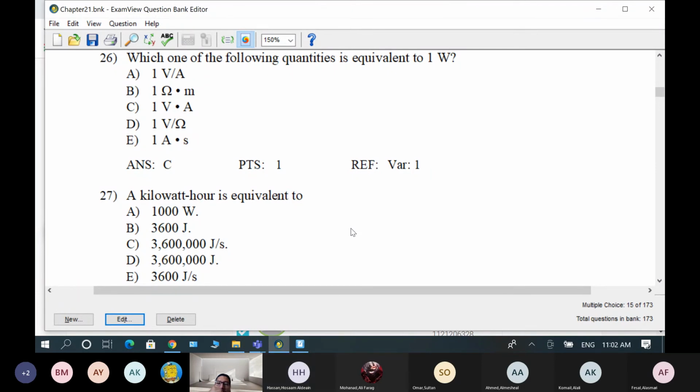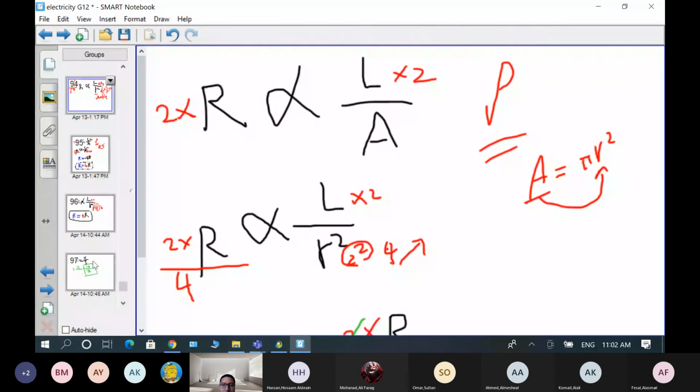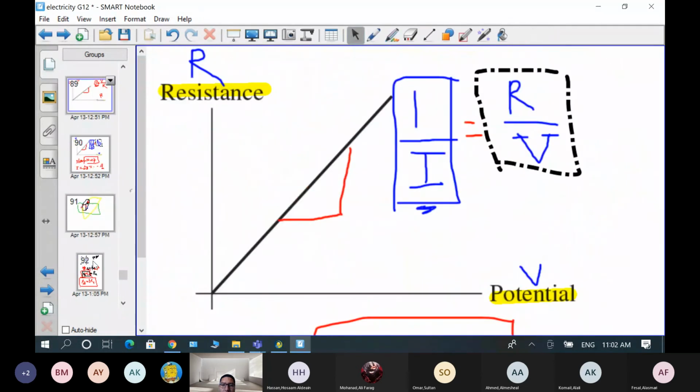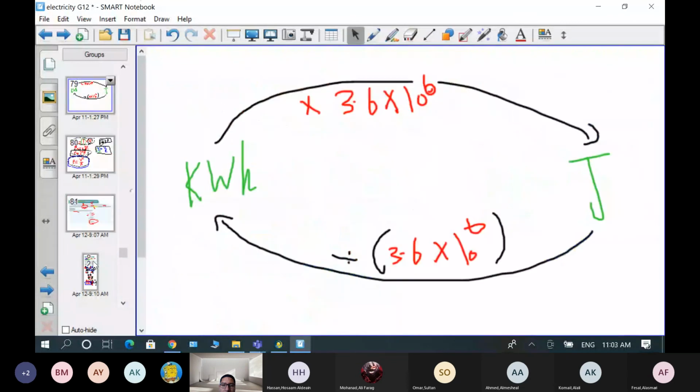A kilowatt hour is a unit for measuring energy, like joules, and it equals 3.6 million joules.